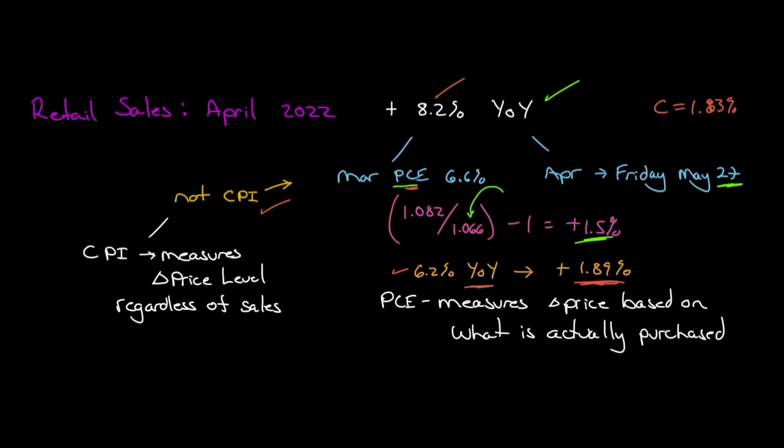Why do we use the PCE and not CPI? The CPI measures change in the price level regardless of sales, whereas the PCE measures the change in price based on what is actually purchased. So I'll give you an example of why it matters for retail sales, why you would use PCE on retail sales and not CPI.